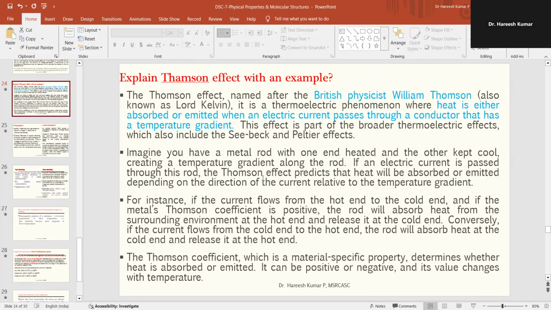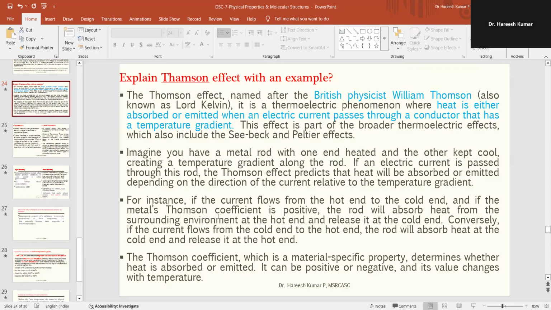Imagine you have a metal rod with one end heated and the other kept cool, creating a temperature gradient along the rod. If an electric current is passed through this rod, the Thomson effect predicts that heat will be absorbed or emitted depending on the direction of the current relative to the temperature gradient.